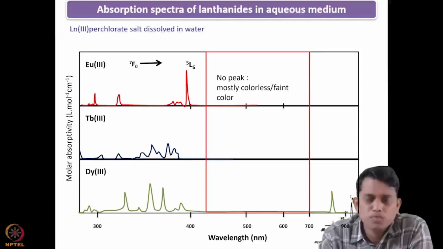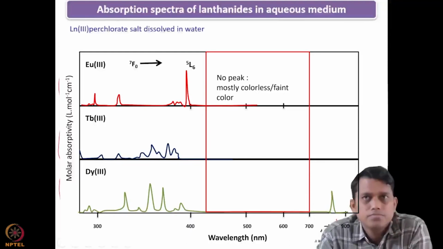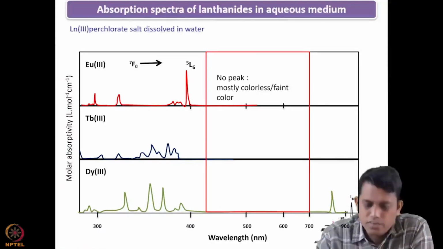So most of the time, if you have a europium salt, it is colorless. Similarly, if you have a terbium salt, not a very good color. But if you take the oxide, this is a very good blue color, whereas most of them are colorless.